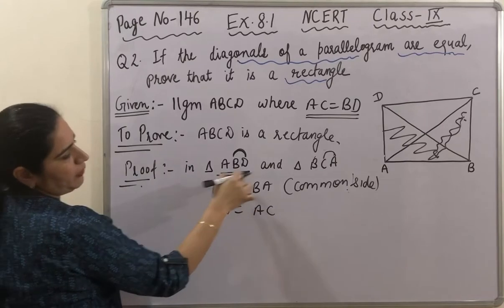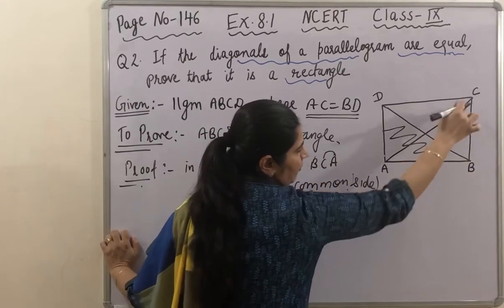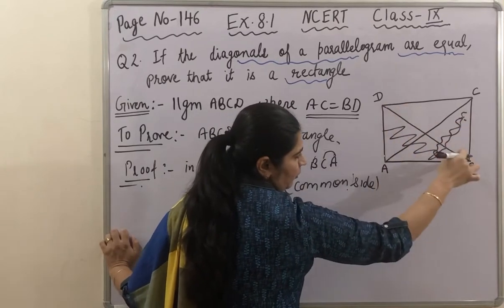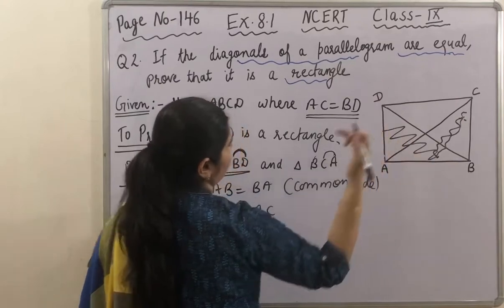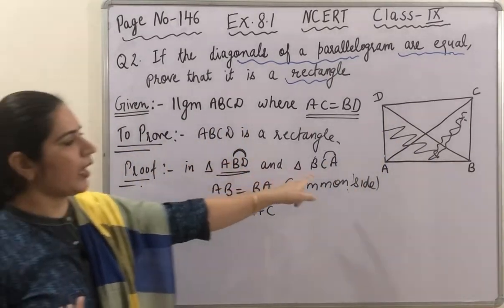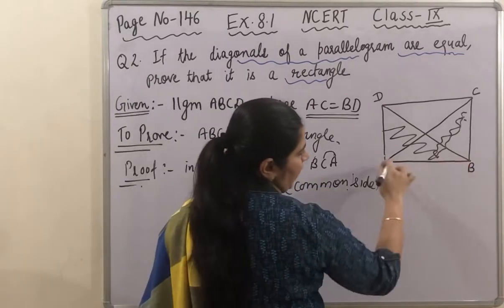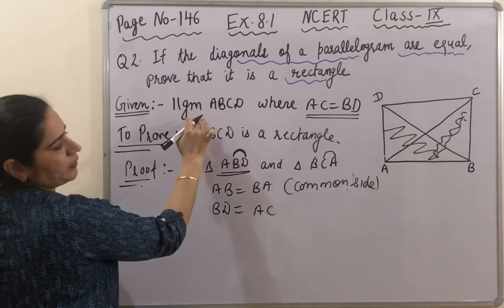Now the third element. First element here we have taken AB is the common side. Second element we have taken diagonals are equal. Now tell me here which part we will take as the third element. Just think about it. What will be the third element? Here ABD and BCA, and it was given it is a parallelogram.